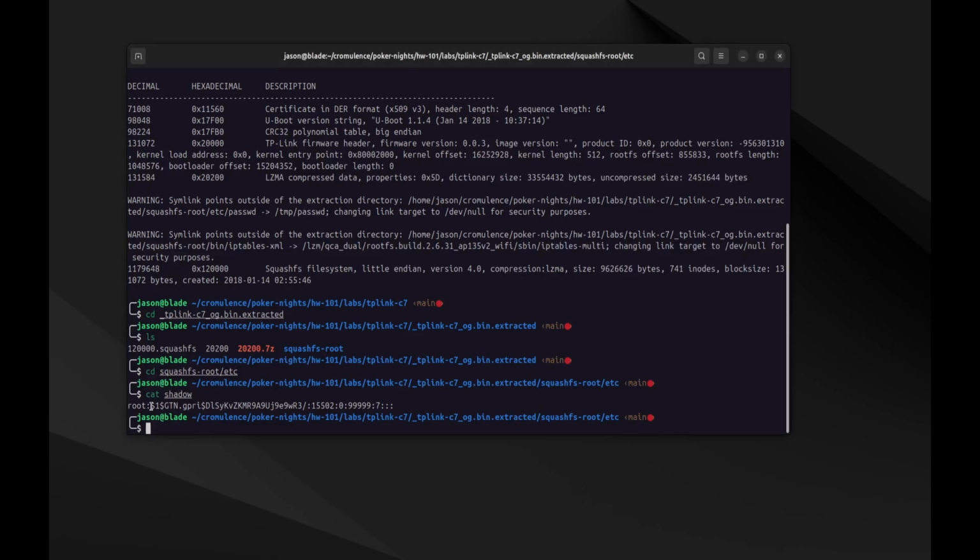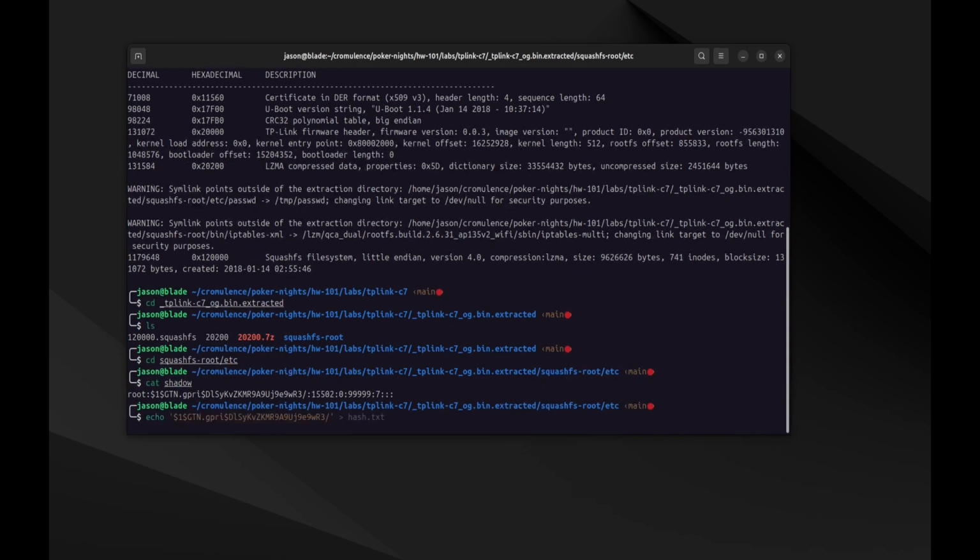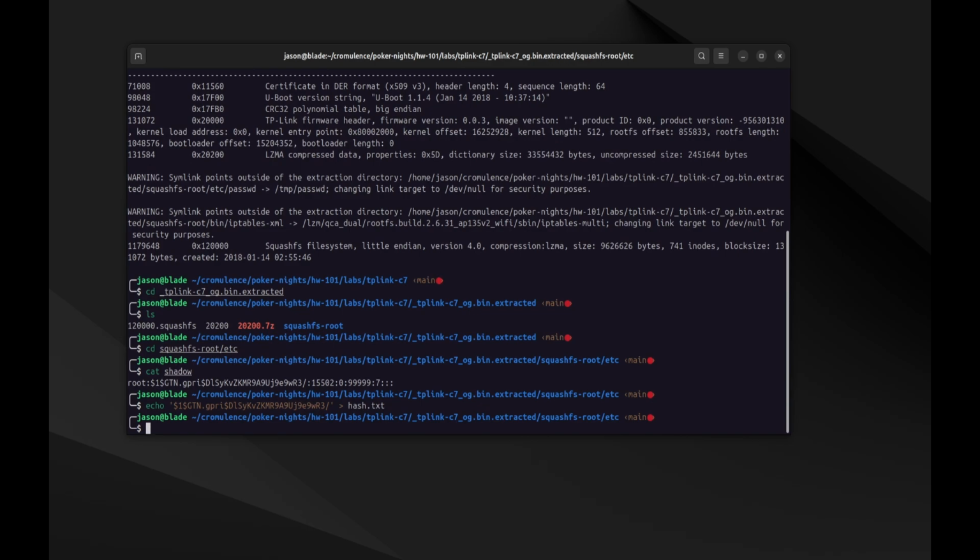So let's copy that. And we're going to store it in hash.txt. And now that we've created that file, we can use Hashcat to try to reverse that hash.